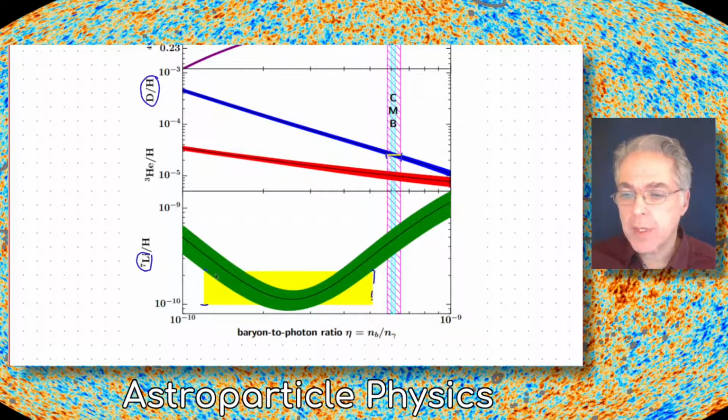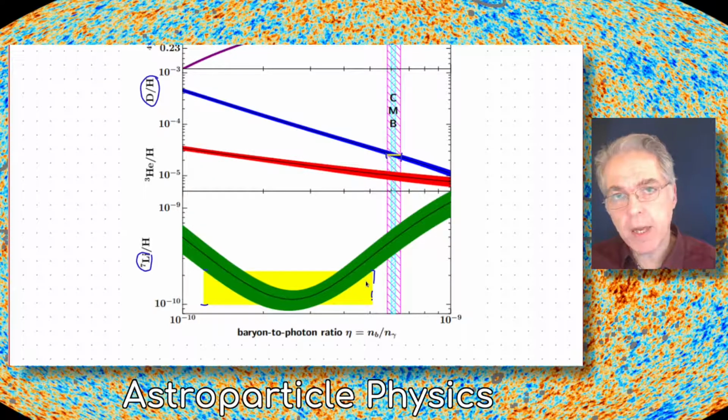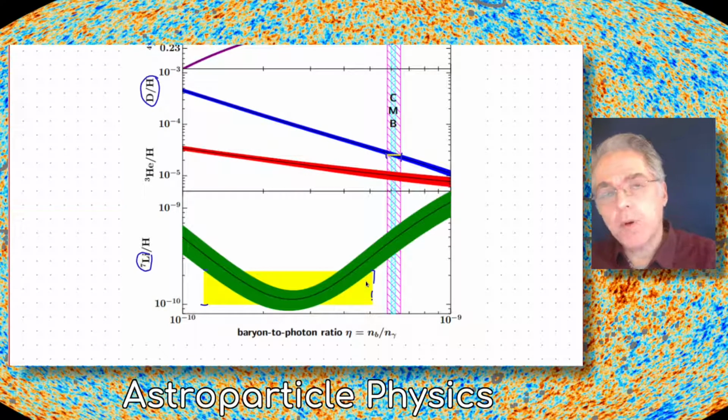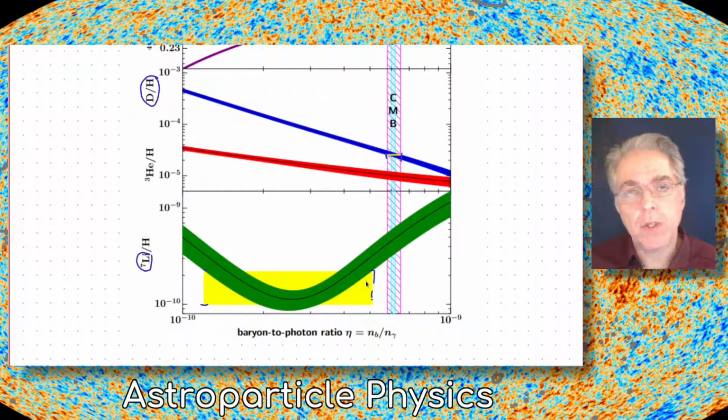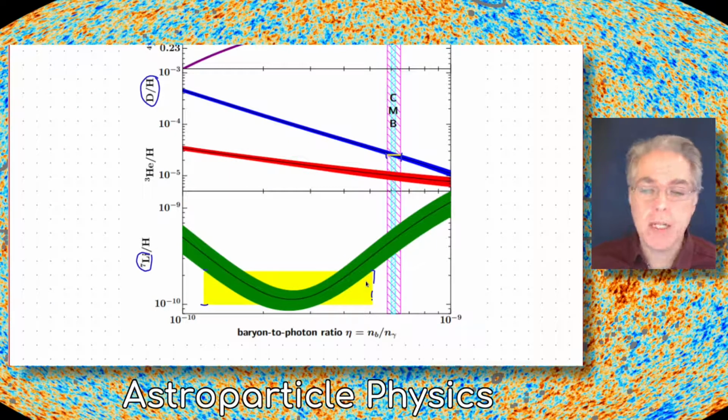But now the curve for the lithium dependence on the baryon to photon ratio has a more complicated shape, because lithium is first destroyed by an increasing number of baryons, whereas at some point the production process overturns and then you produce more lithium. So that's why there's a minimum.